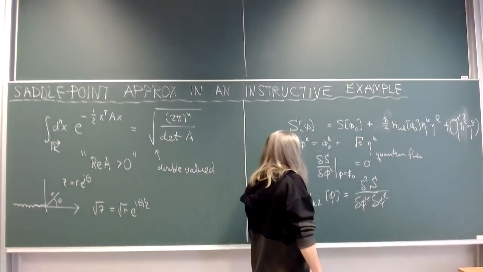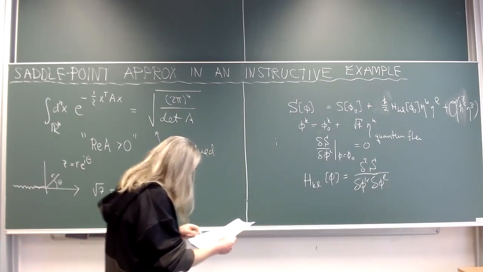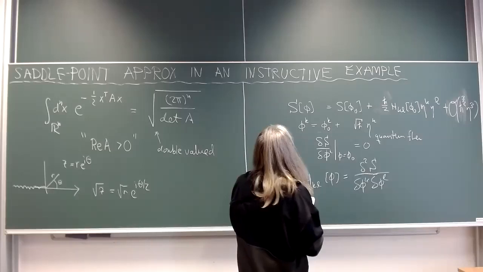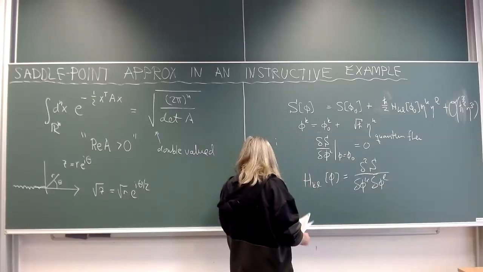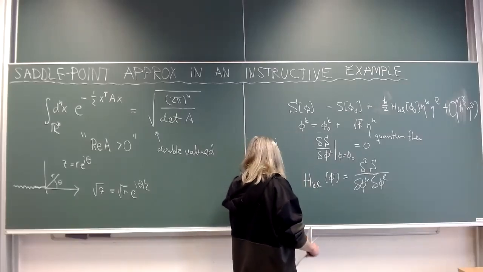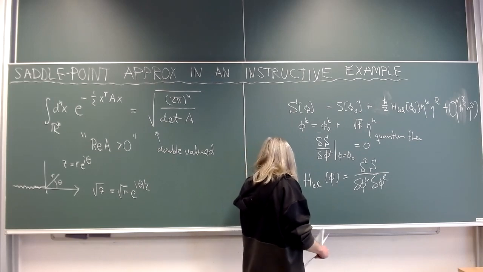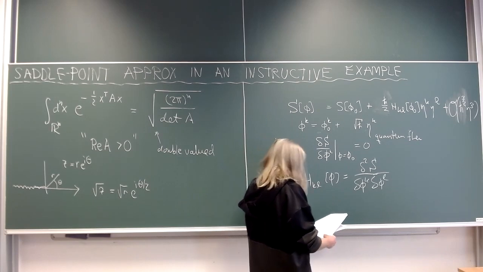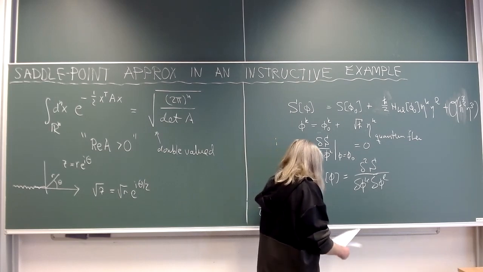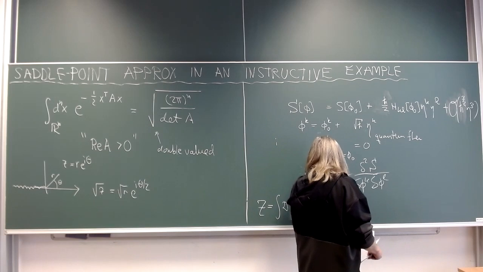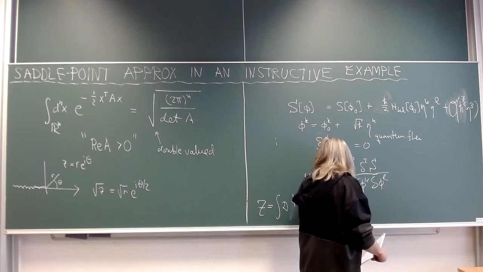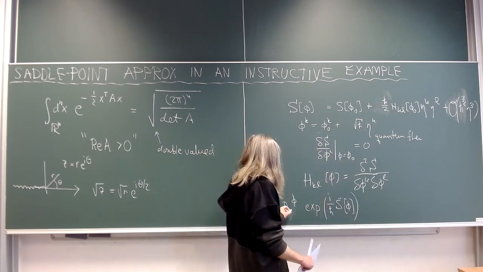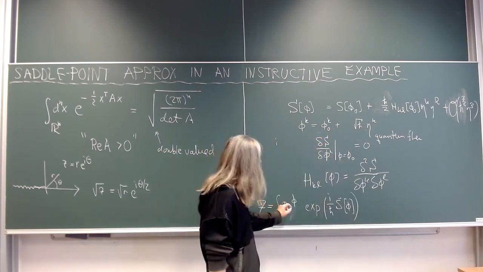Okay. And then where are we going to need this? We're going to need this in the path integral. So we're going to say Z is the integral of D phi, and then here I have the exponential of i over h bar S of phi.